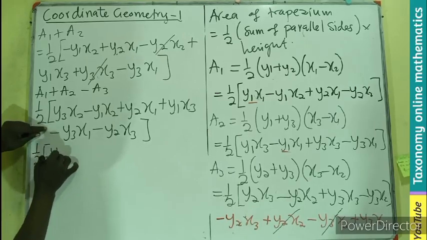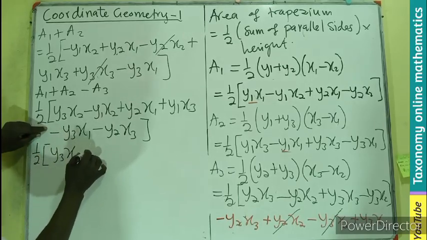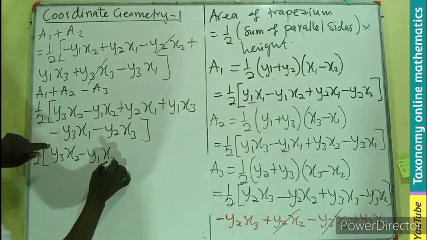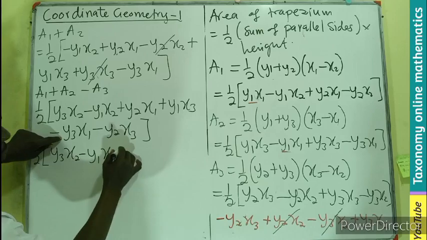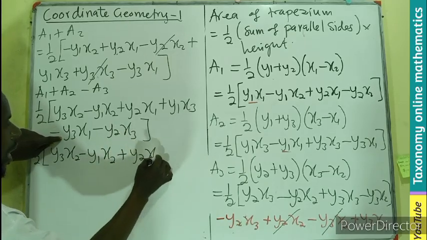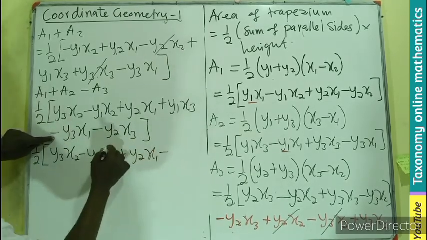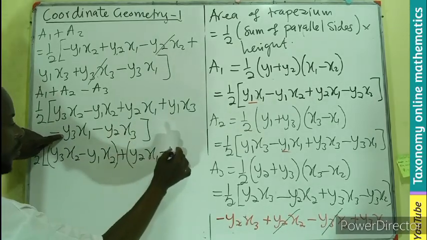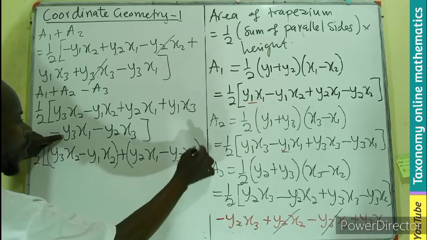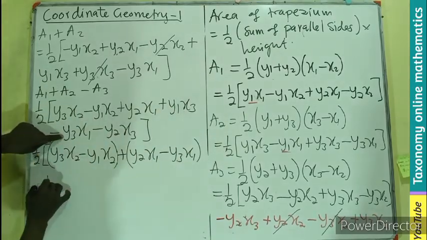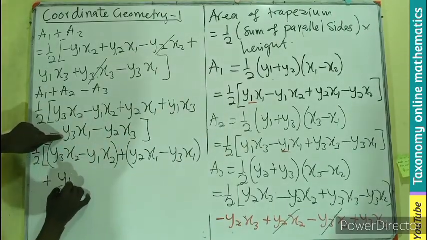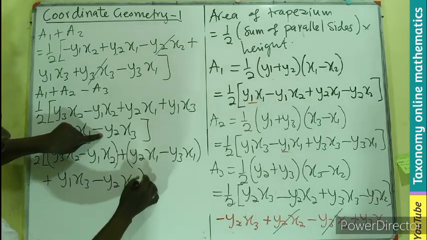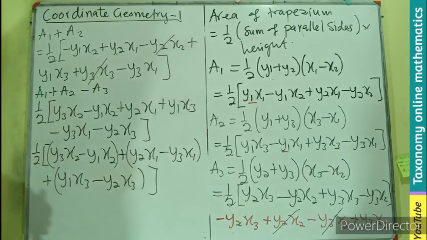Then I have my y3 x2 minus y1 x2, we have negative here, positive here, so plus y2 x1 minus, let me introduce a bracket for the pair, minus y3 x1, plus y1 x3 minus y2 x3. This and this also in a bracket.